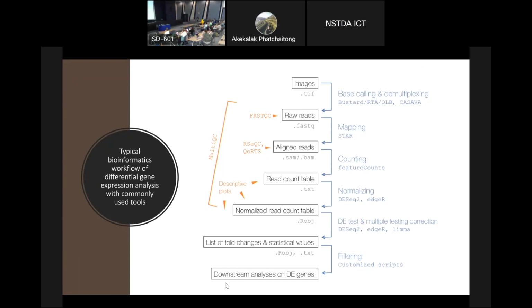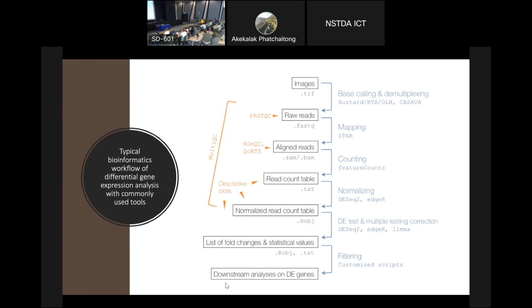There are some descriptive plots that you could do to evaluate the quality of this count table. And once you're satisfied with your count, then you do normalization and transformation of your data. For that, you can use software called DESeq2 or edgeR. And what will you get? You'll get a normalized read count table in this format. And you can do some descriptive plots to evaluate the quality of all that.